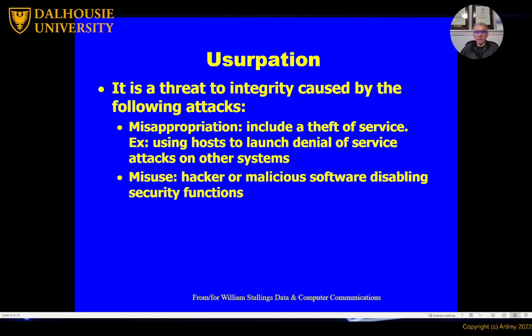So this means that in a way your computer was stolen to do something else, right? And that something else is malicious. And misuse: a hacker or malicious software can be used to disable security functions or give the attacker access that they don't deserve.